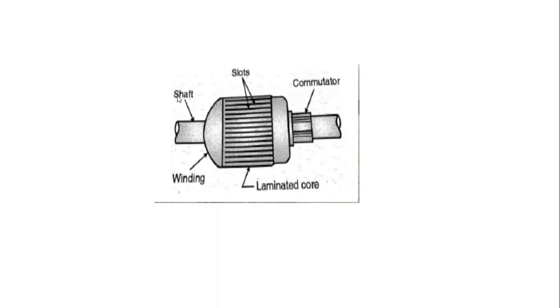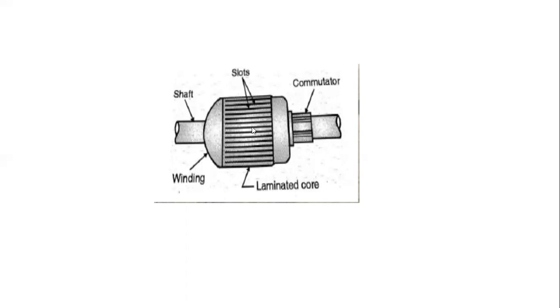When the shaft is rotated, automatically the armature and the commutator are also rotated. Therefore the rotating parts of a DC machine are the shaft, armature and the commutator.